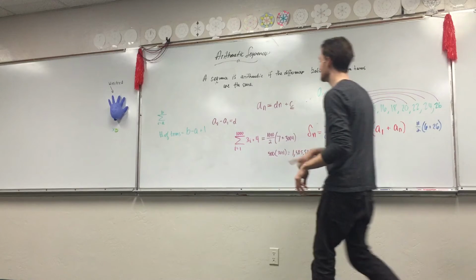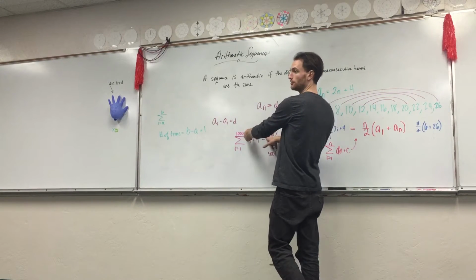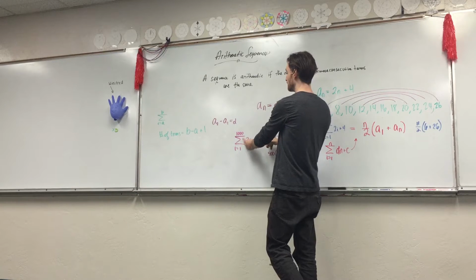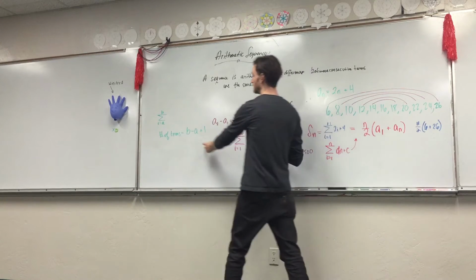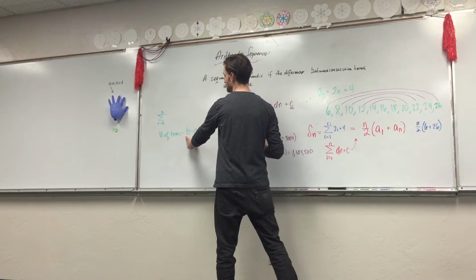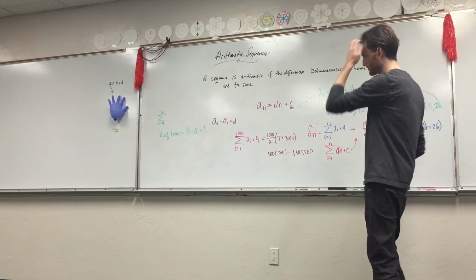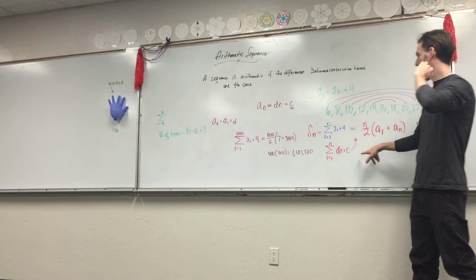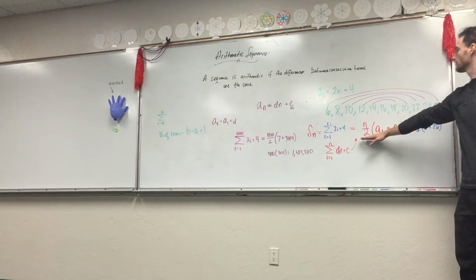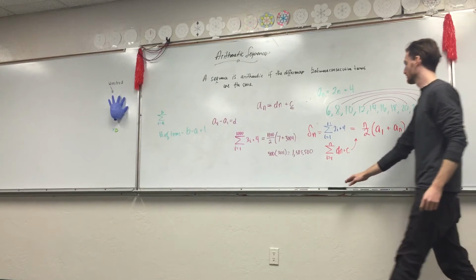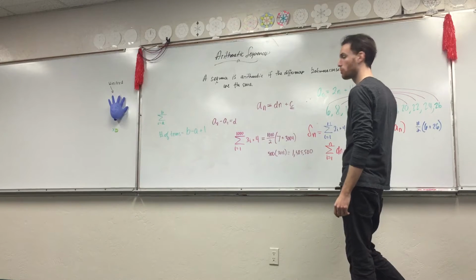So this isn't always going to be this number. It will be this number if this is 1. Does that make sense? But if this is not 1, then you have to figure out the number of terms by doing b minus a plus 1. Does that make sense? What was the formula for that one? Like the 1,000 over 2, what is that? S of n equals n over 2 times a1 plus an. Cool.